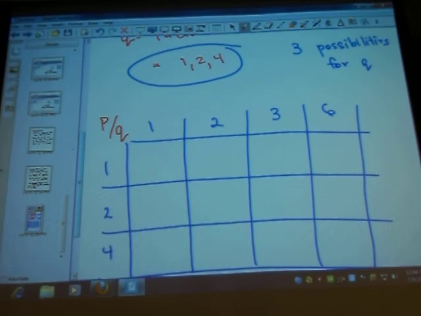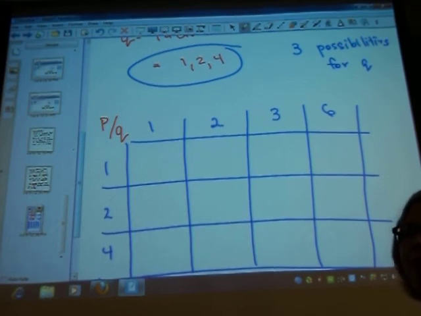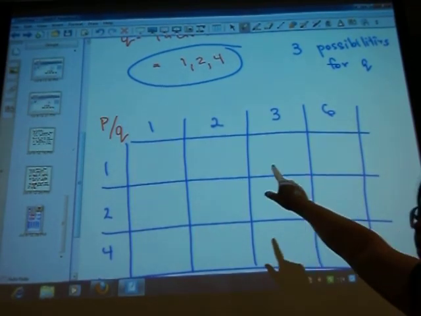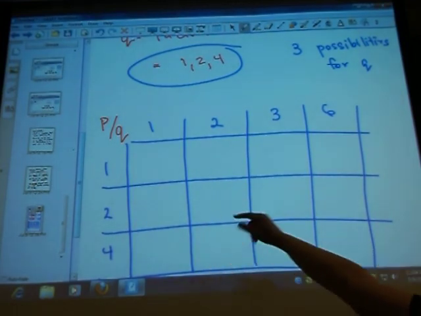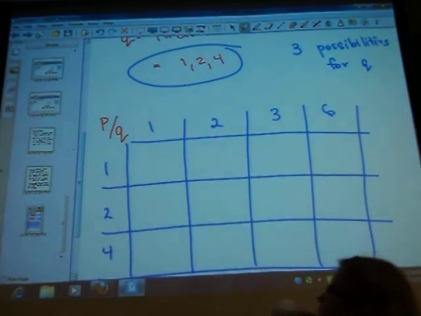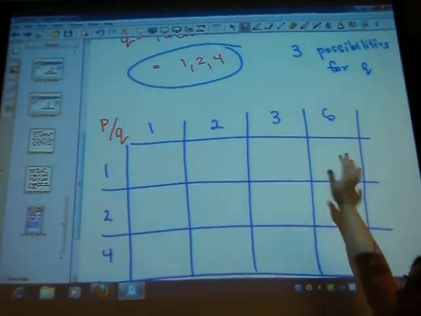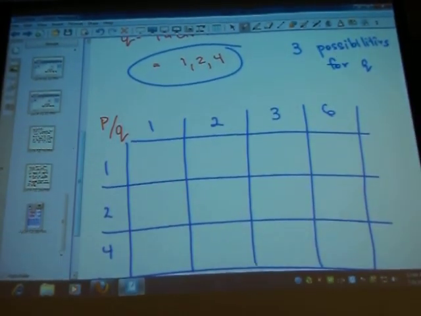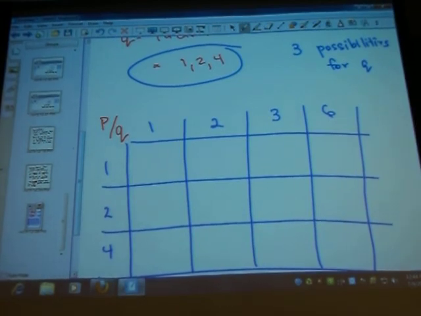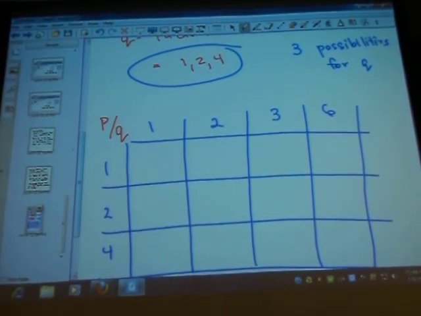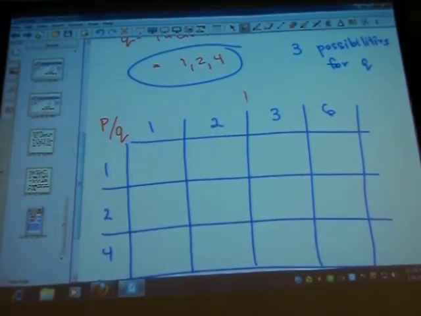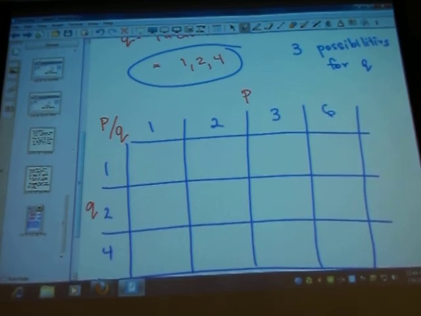Okay? I want to do P over Q. So in each box, I want to do the number on top over the number on the side. So like here, I would do 1 over 1, 2 over 1, 3 over 1, 6 over 1. These are my P's, these are my Q's.